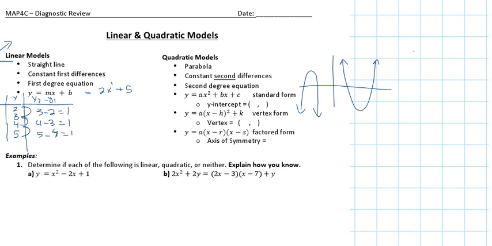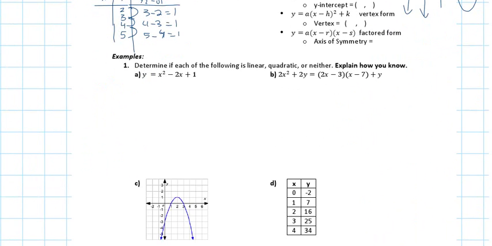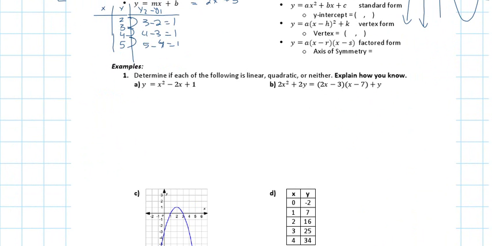So if I look at this one right here, can you tell me if this is quadratic or linear? It's quadratic. You see that on the x, the highest degree that I have is degree 2. Okay? Because that degree of 2 is right there, that means I can tell that it's quadratic.